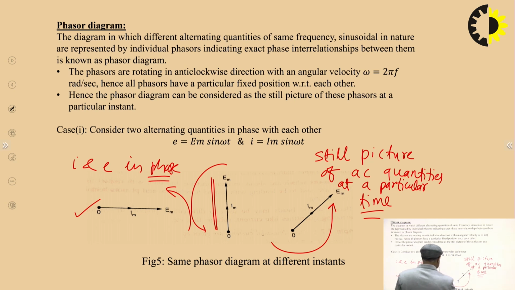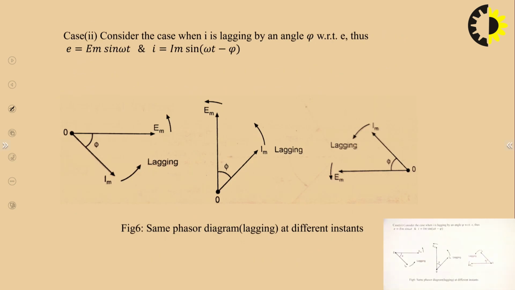So this is the still picture of the phasors at different time instants. This is the meaning of the phasor diagram of different AC quantities, right?